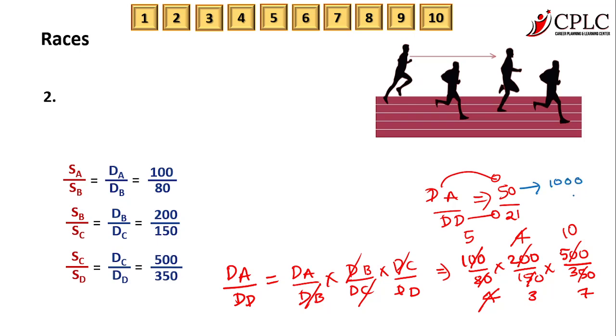And A is beating D, so A is covering the entire 1000 meters. How much will D be covering in that particular scenario simultaneously? Obviously, we'll have to cross multiply these numbers. So 50 into x is 21 into 1000. Find out x.